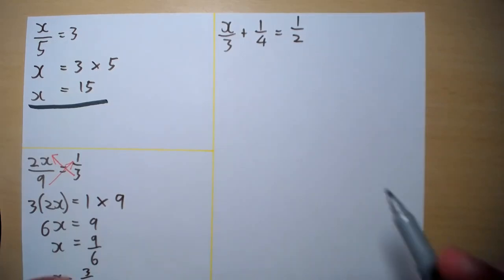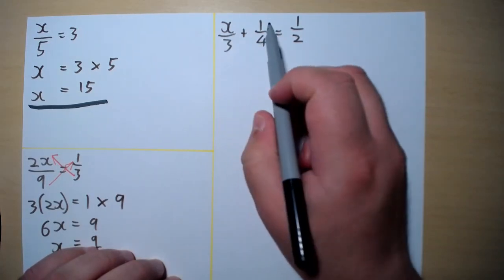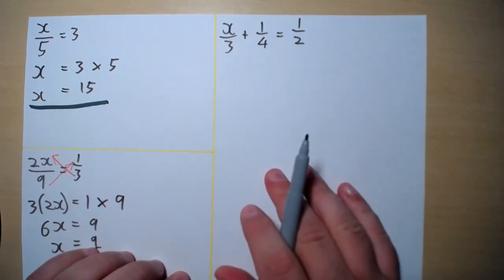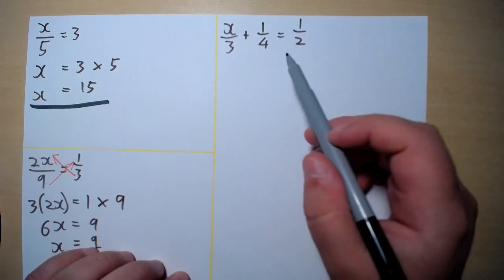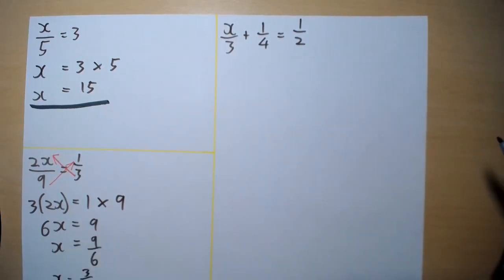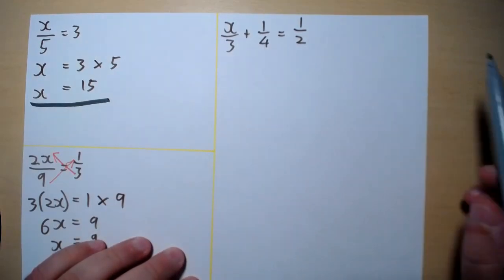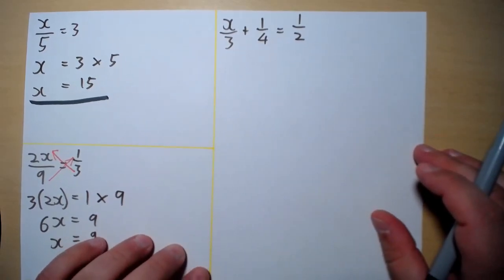So let us first work out this part of this fraction, to get it as a single fraction. Then if we manage to get a single fraction is equal to another single fraction, then we can do cross multiplication. In this case, in order to work out these two fractions, as you know, when we have fractions, we have to find a common denominator.